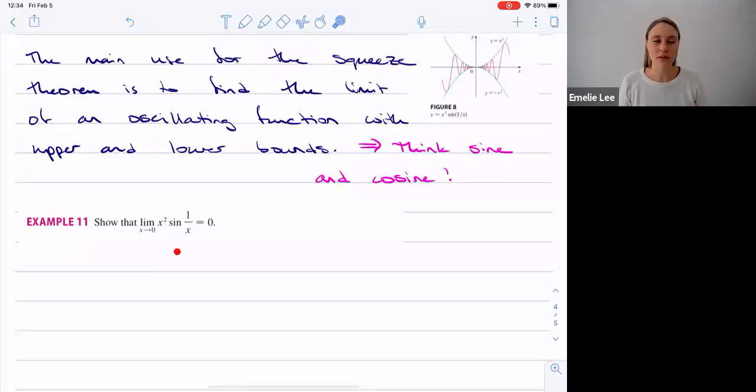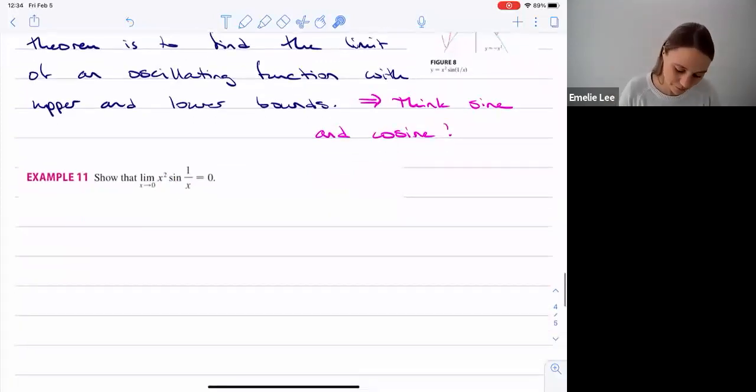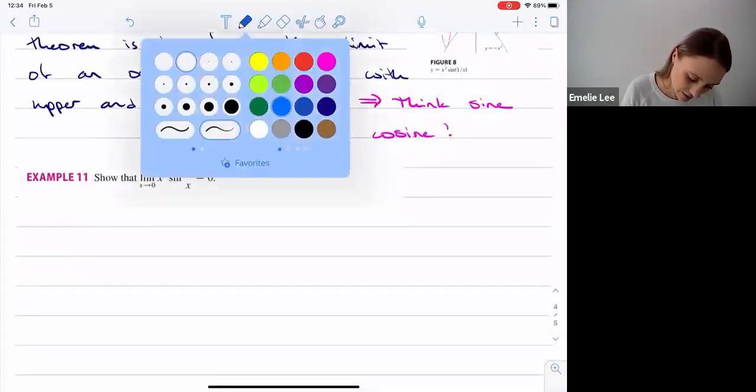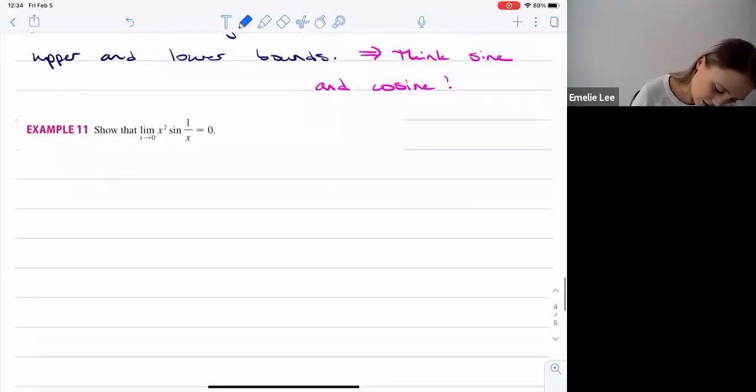The first step here is to remember that sine and cosine are restricted between -1 and 1, so they're just oscillating between -1 and 1. Then we build towards this function from the default sine and cosine.